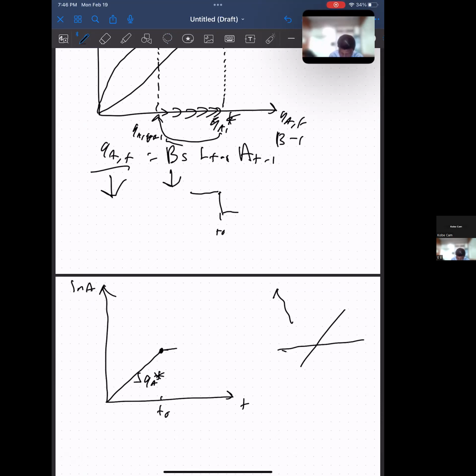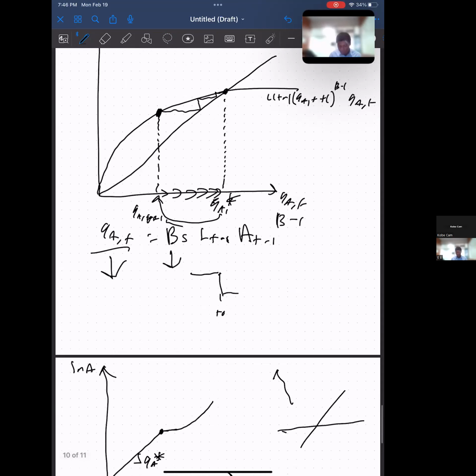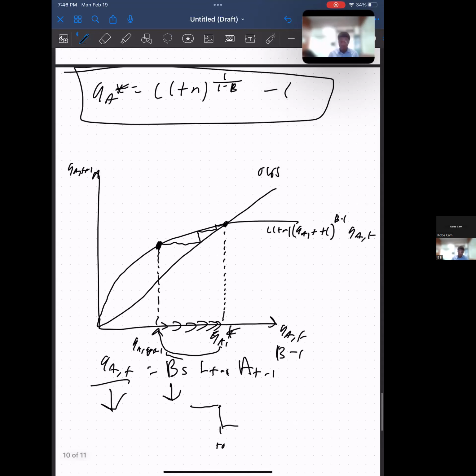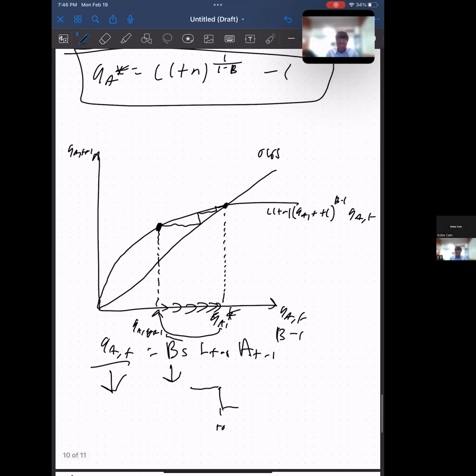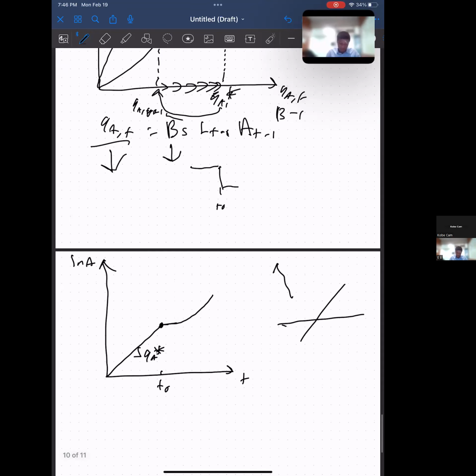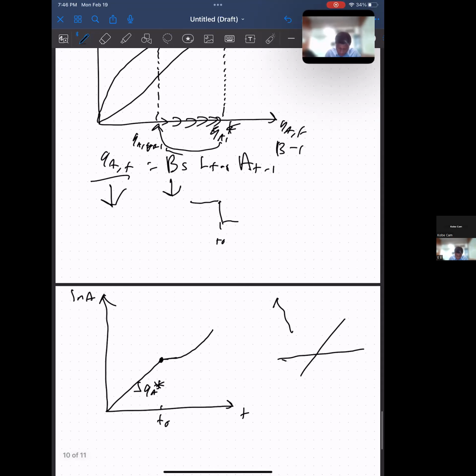But then what happens? It should go back up, right? Because look at our graph here. We see that yes, it is going back up to the growth rate it initially was, right? So the slope of that line right here is GA star, and then the slope should go back to this GA star at some point in the long run.